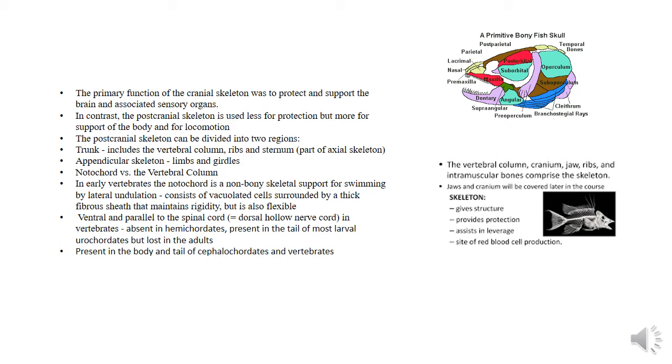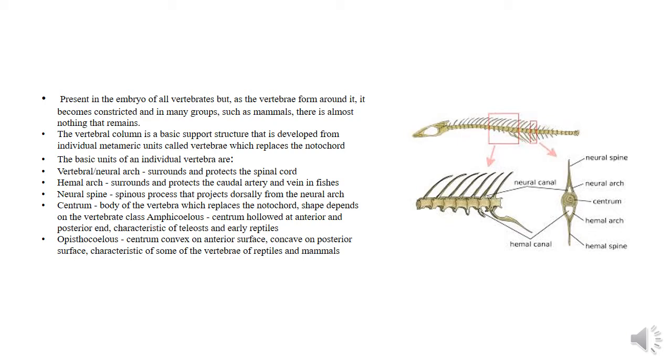It is absent in hemichordates, present in the tail of most larval urochordates but lost in the adults, present in the body and tail of cephalochordates and vertebrates, and present in the embryo of all vertebrates, but as the vertebrae form around it, it becomes constricted, and in many groups such as mammals there is almost nothing that remains.